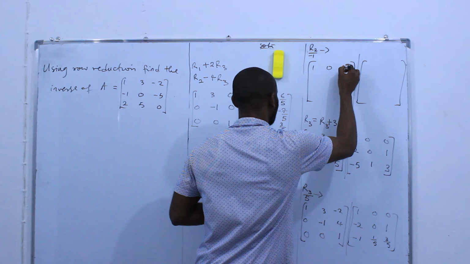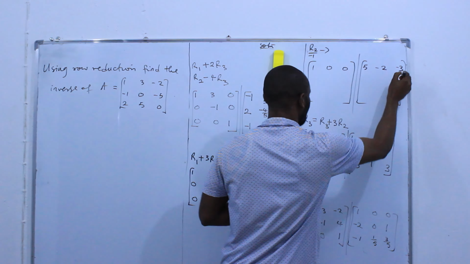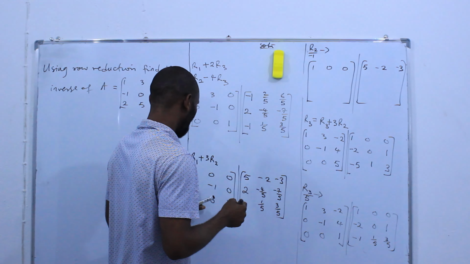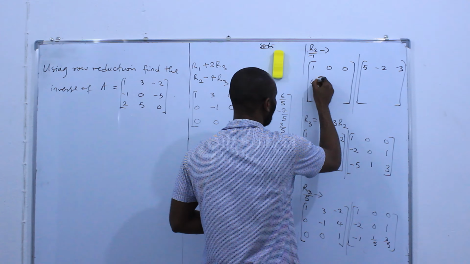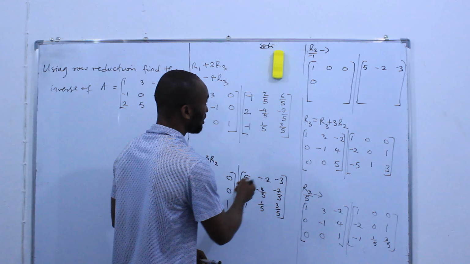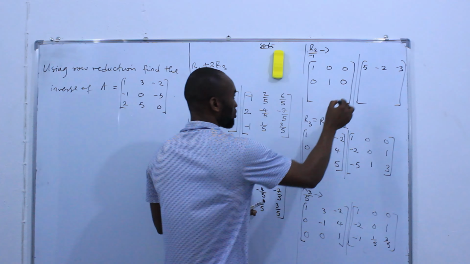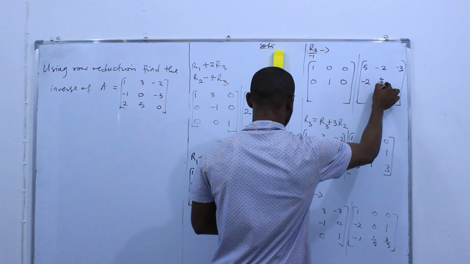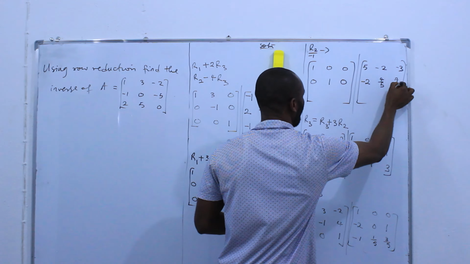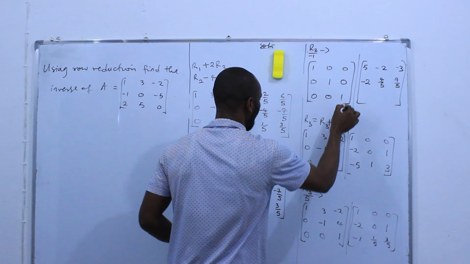1, 0, 0. Here we have 5, minus 2, minus 3. Then 0, 1, 0, because when we divide this 1 by minus 1, here will become 1. You have 0. Divided by minus 1, you have minus 2, 4 over 5, and 7 over 5. And this one is 0, 0, 1.